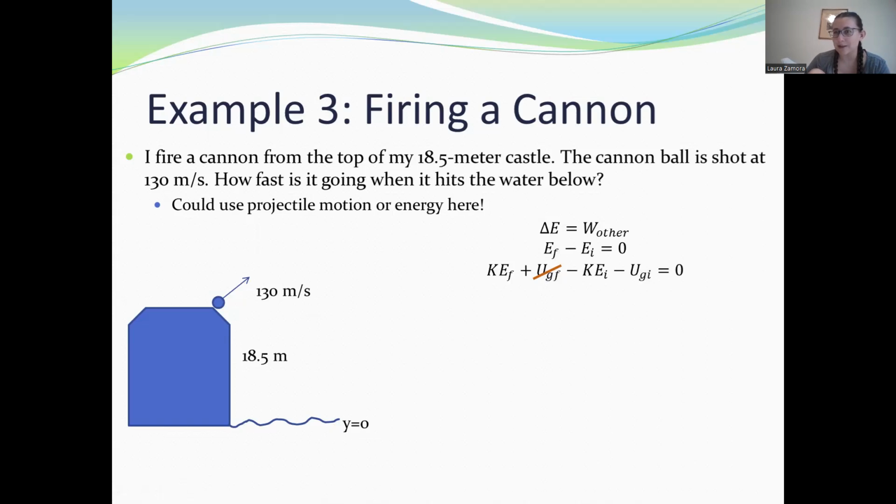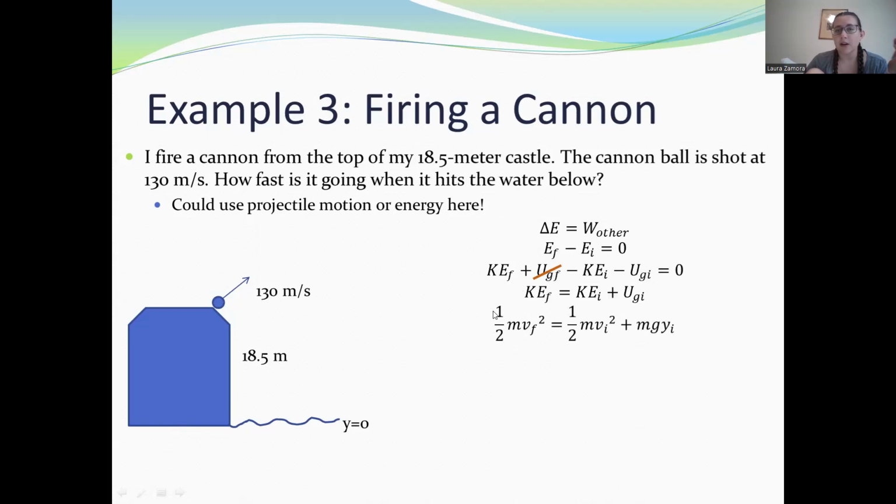And if the height is at the reference point, then the height is 0. So that term is going to disappear. But we're left with these other terms. We know that there is going to be some final kinetic energy because it will be moving as it goes into the water. There is an initial kinetic energy because it's being fired into the air as opposed to being dropped. And there is an initial potential energy because it is at a height above that water level initially.